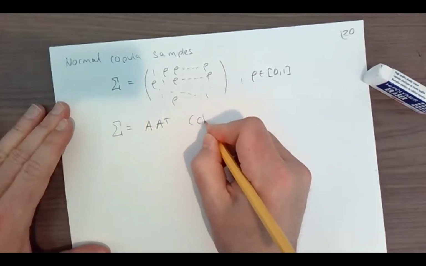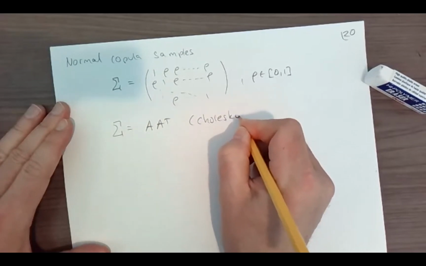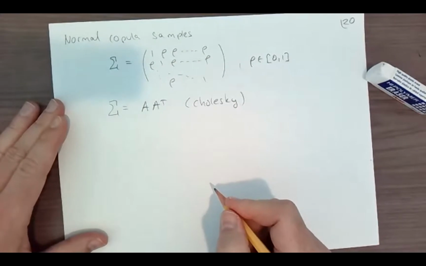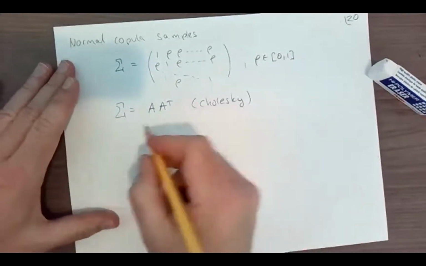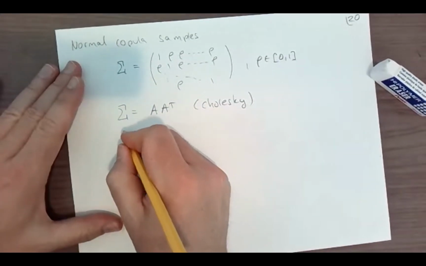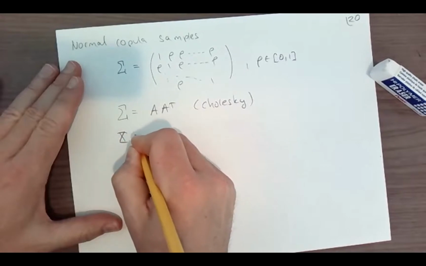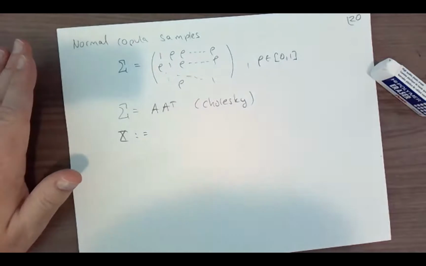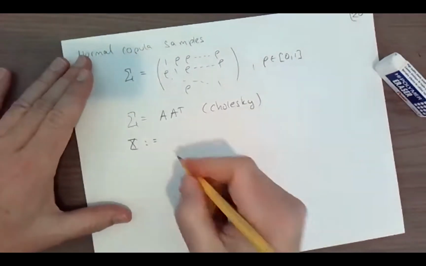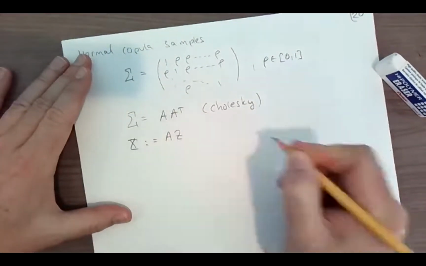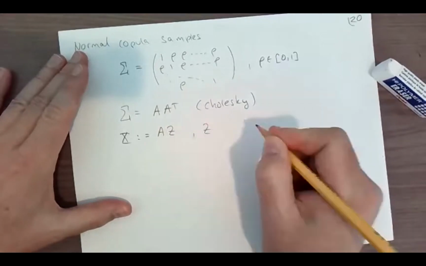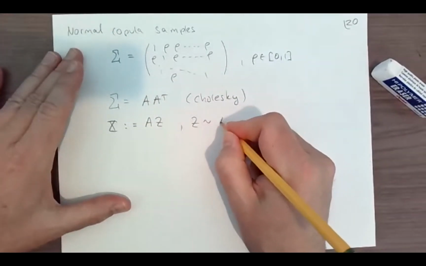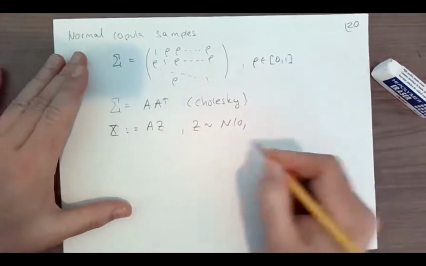This is the Cholesky. And then you sample, and you set your X simply as AC, where C is standard normal with independent increments.